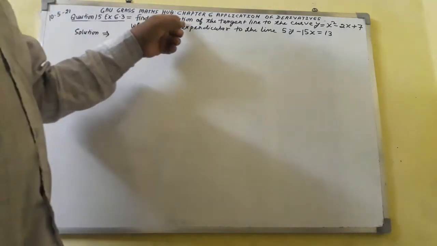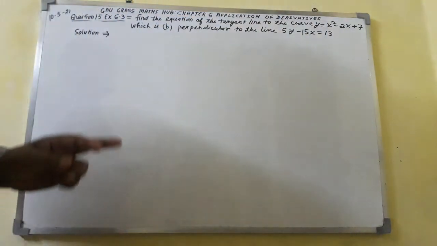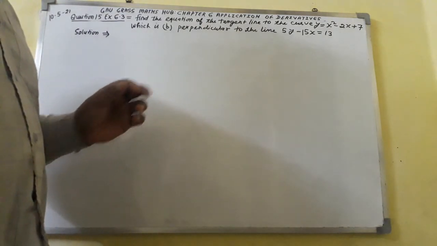Here you can see the equation of the tangent line to the curve. The given curve is there. First of all, we shall find the slope of the tangent to the curve, means dy over dx we shall find out.